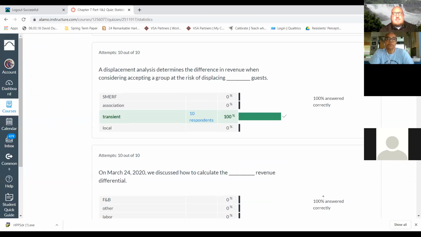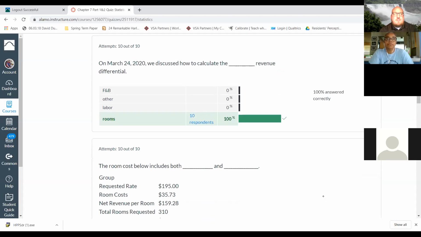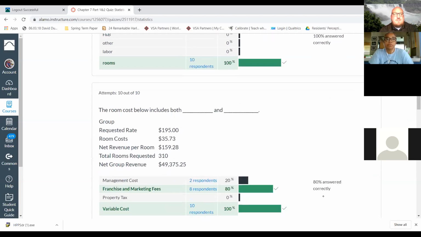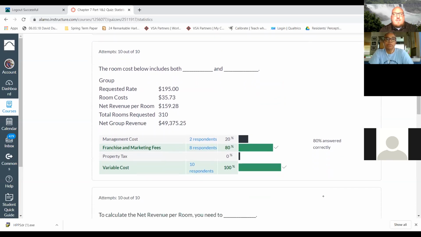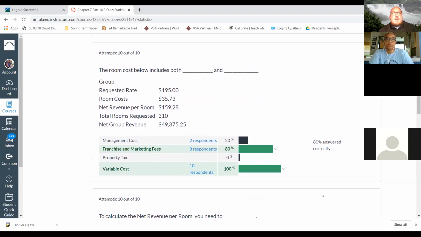The transient, okay, so if the group is going to displace transient, 100% good. We talked about the rooms revenue differential. This is one that a couple people got hung up on. And so the room cost, this $35.73, is going to primarily include just the franchising fee and the variable cost, okay?